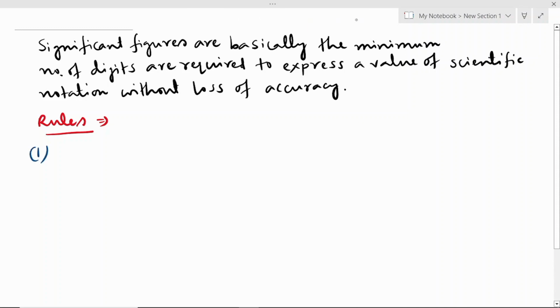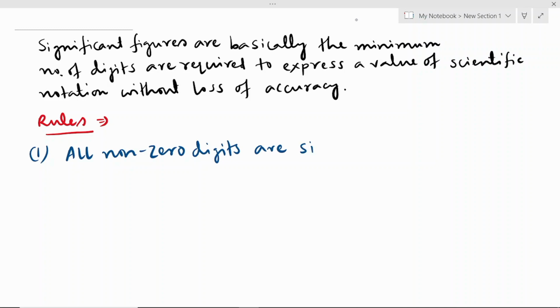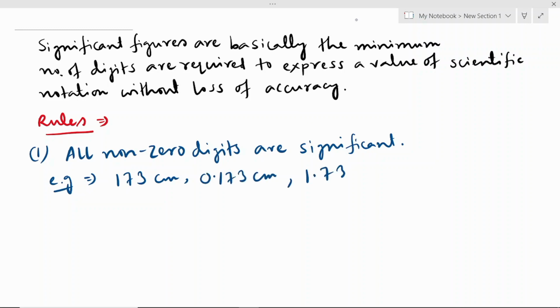Rule number 1 says all non-zero digits are significant. Example, 0.173 centimeter and 1.73 centimeter.